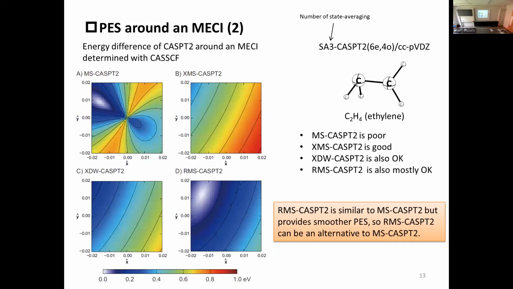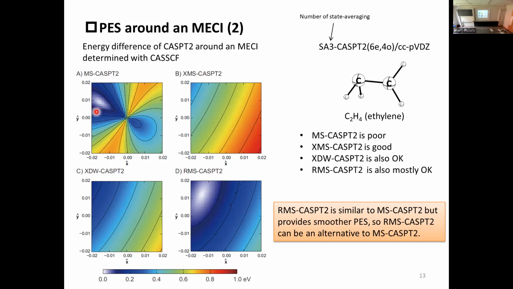And also I checked the energy difference around the conical intersection determined at the CASSCF level. Again, this MS-CASPT2 behaves very strangely as expected. But XMS, XDW, and RMS are mostly fine. Although we can see some discontinuities in this RMS-CASPT2, it is mostly fine.